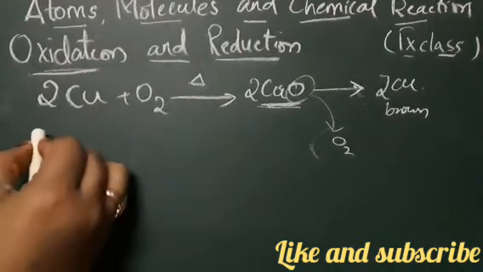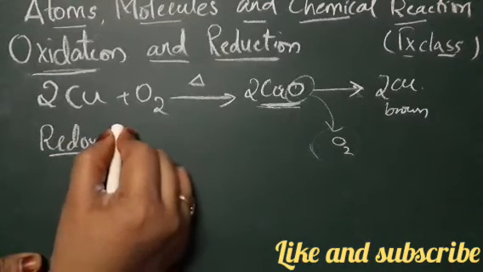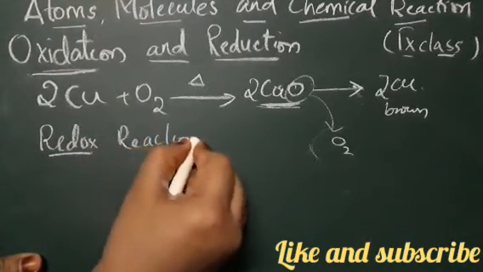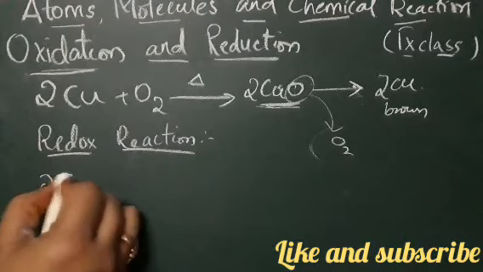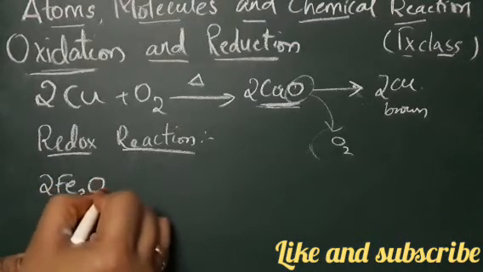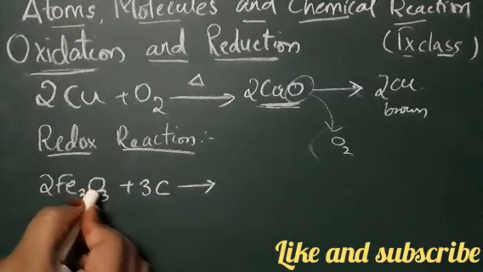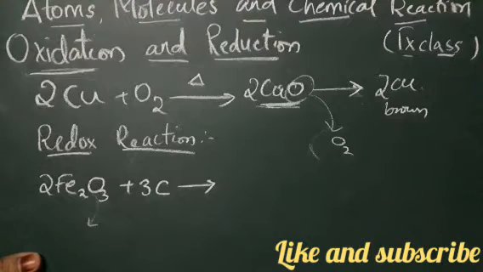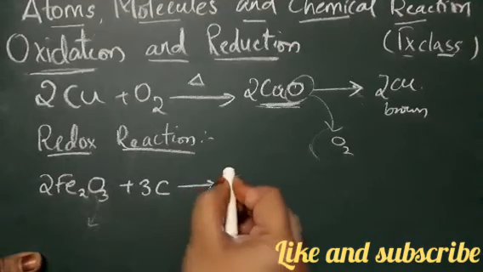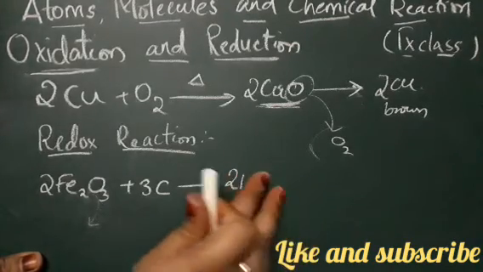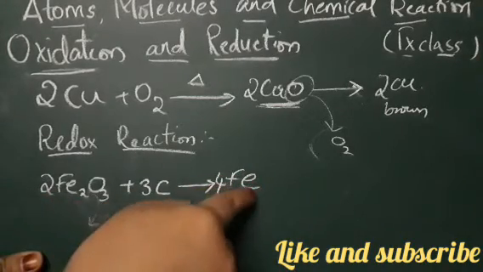As I said, when both oxidation and reduction reactions are taking place, it is called redox reaction. Now we will see a few examples of redox reaction. For example, we are taking 2Fe2O3 plus 3C. Now what is happening? You see here, the iron oxide is losing the oxygen, so 2 2s are 4 iron.